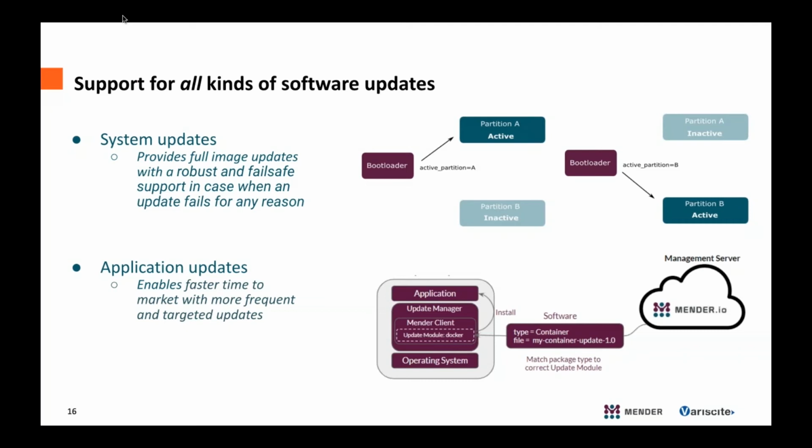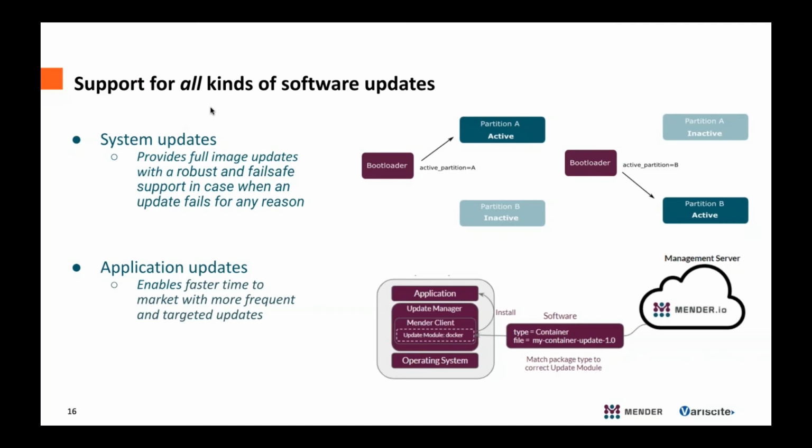Additionally, Mender supports updates of applications or any other kind of custom payload that you may have. And typically, this kind of update will happen in the active root file system. So for instance, you could do things like Debian package updates or Docker container updates that apply to the currently active root file system and do not require a reboot.